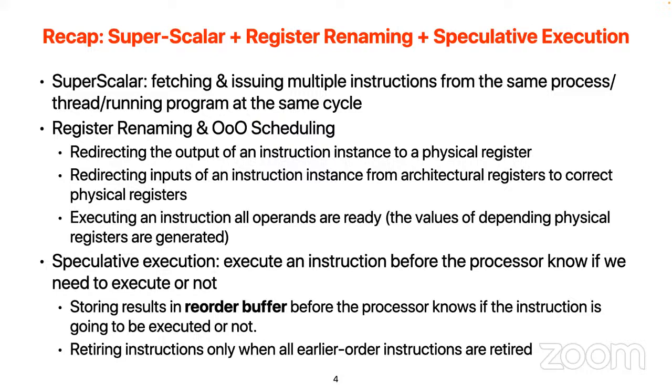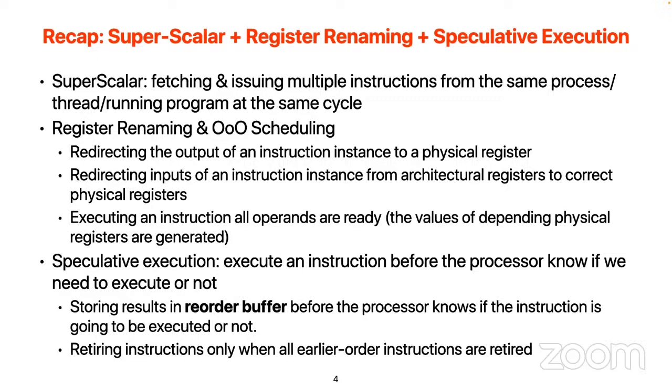Okay, so you have register renaming, which is the main reason why we can do out-of-order scheduling, by redirecting the output of an instruction to a physical register, which is not visible to the programmer, but only used internally to temporarily store the outcome of an instruction. With that, we are able to avoid the false dependency problems that we have seen before.